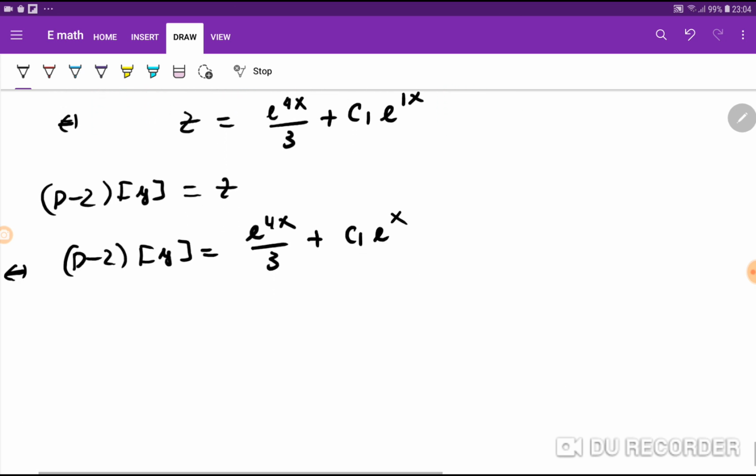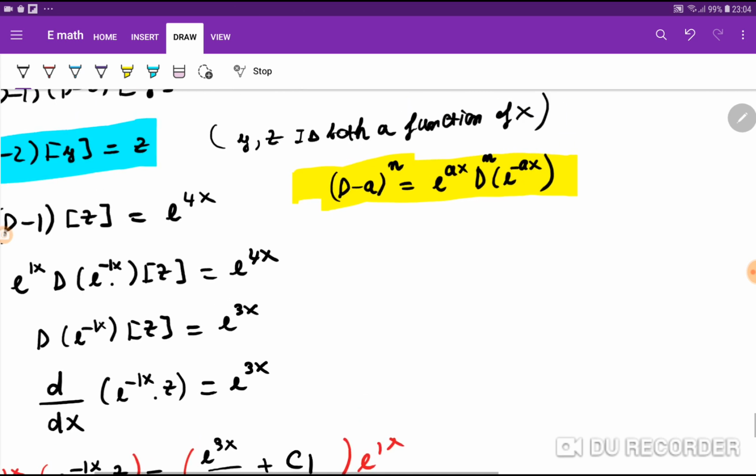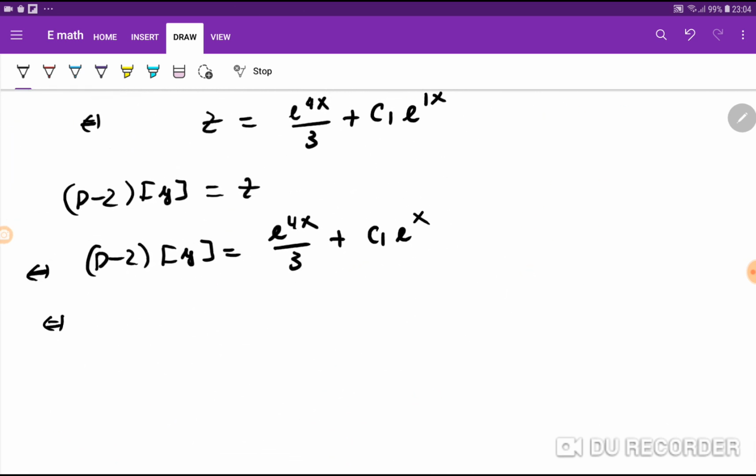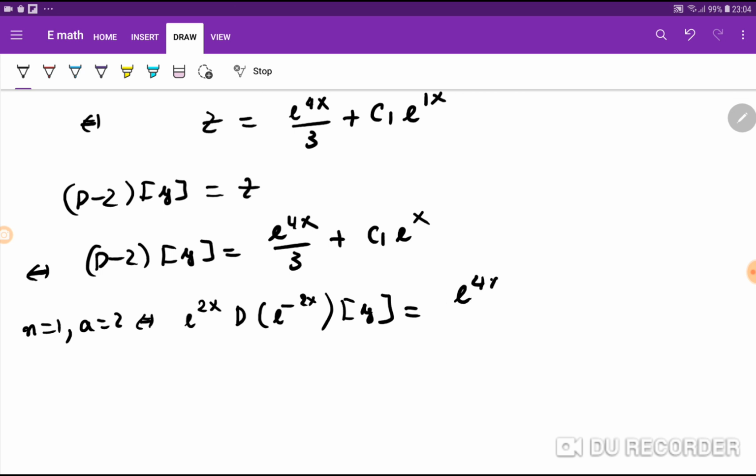I'm gonna use the powerful formula again with n equal 1, a equal 2. So this will become e to the power 2x times D times e to the power negative 2x times y equals e to the power 4x over 3 plus c1 e to the x.